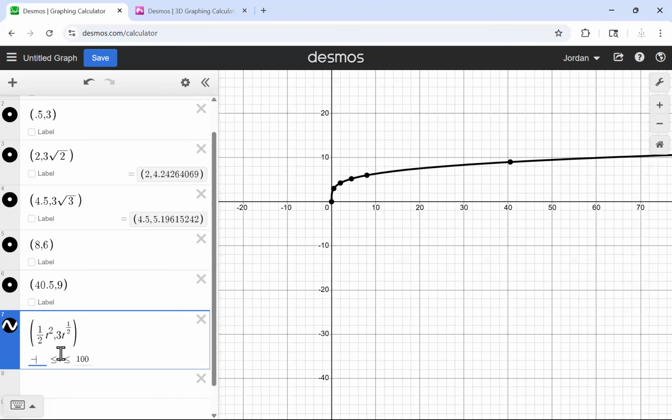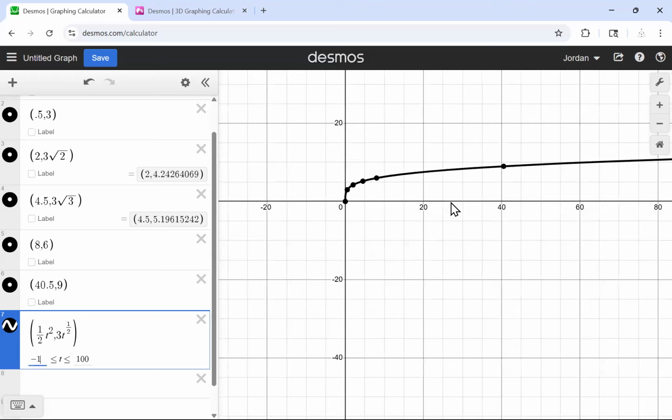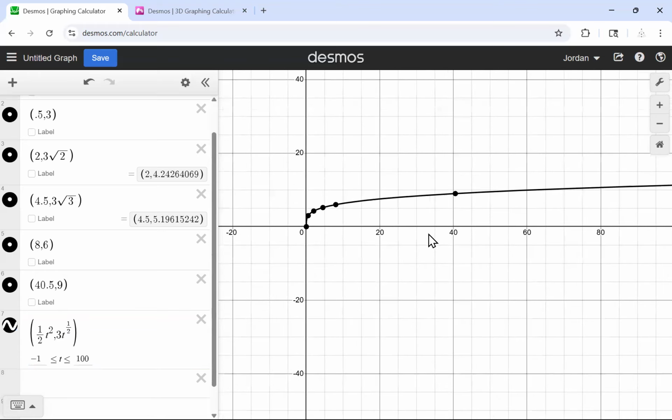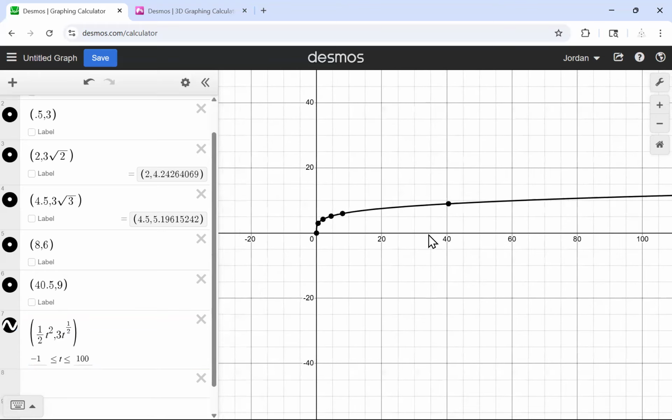You can try to plug in some negative numbers. Obviously, if you plug in a negative number, since that doesn't work for my y term, we're not going to get anything with the negative numbers. But there it is. There's the graph that we're looking for.